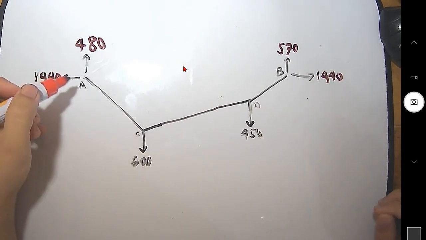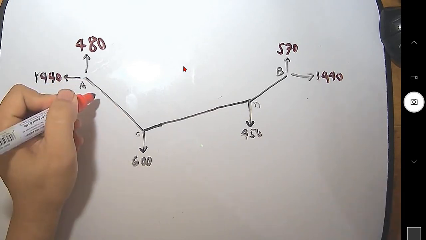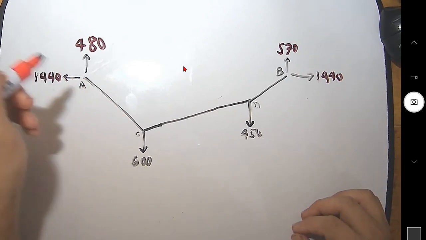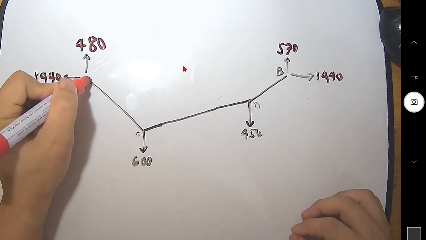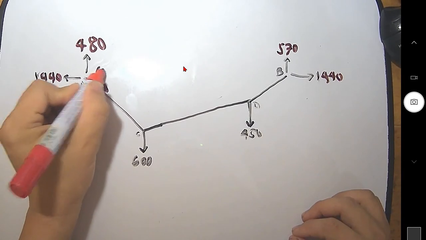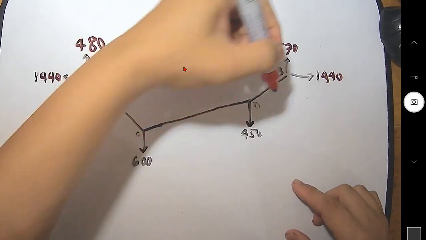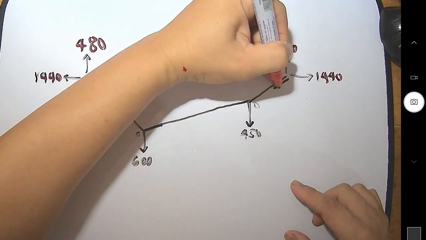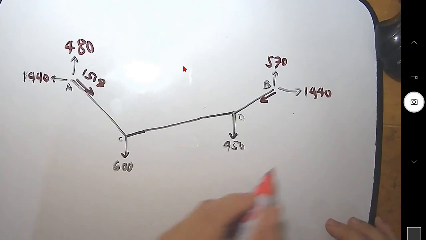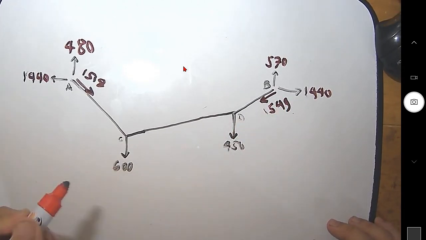So, as I've said before, yung tension at A, that is equal to 1518 Newton, ano? Ganon din sa B, yung tension force is 1549. Okay?